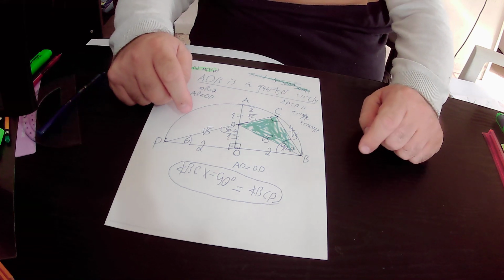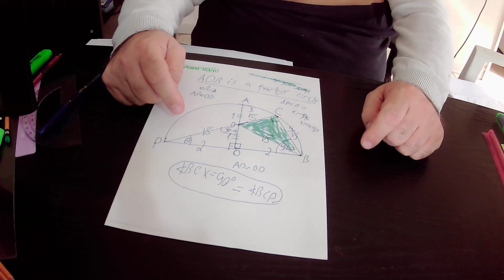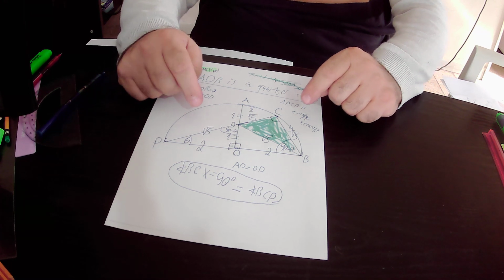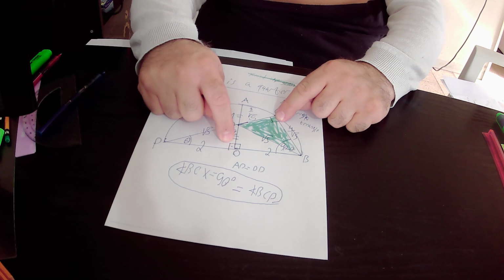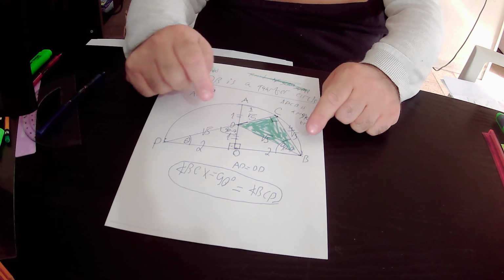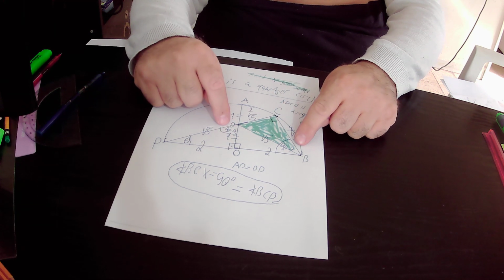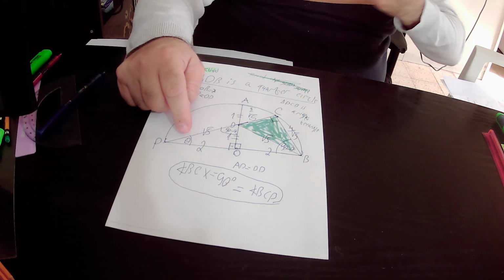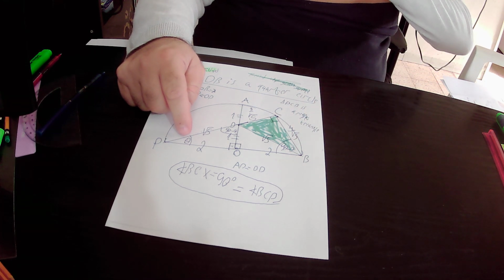Then we prove that the right triangle POD is similar to the right triangle PCB. Why? Those two angles are equal to each other, they are equal to 90 degrees. Those two angles are both equal to 90 degrees minus theta, therefore they are equal to each other. This angle is a common angle that belongs to both triangles, so this angle equals itself.